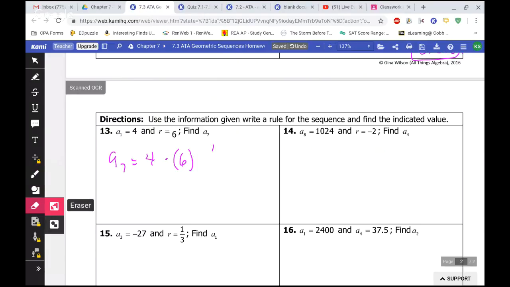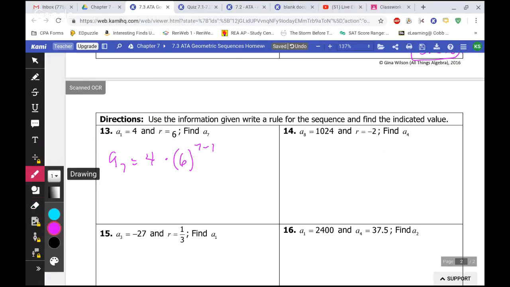Does that make sense? I'm just going to plug it in. 7 minus 1, so a to the 7th, it's always going to be 1 less than the number that you're looking for because you're incorporating it right here. So it's really not that bad. You know what I'm saying? Yeah.